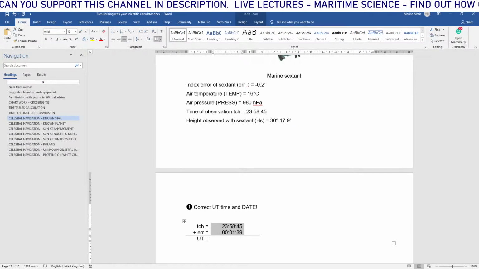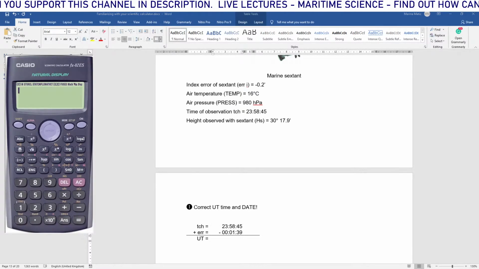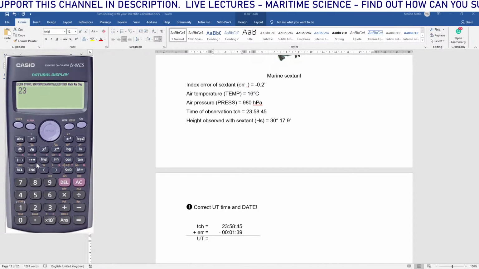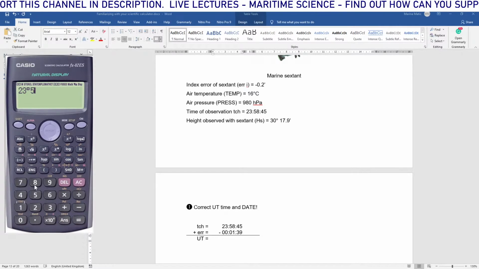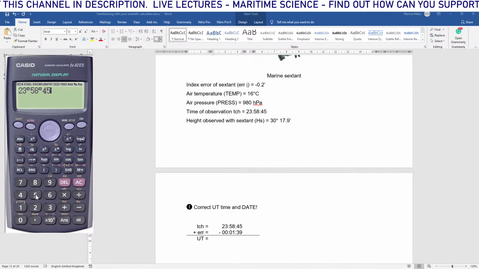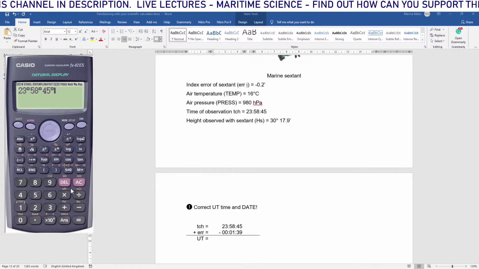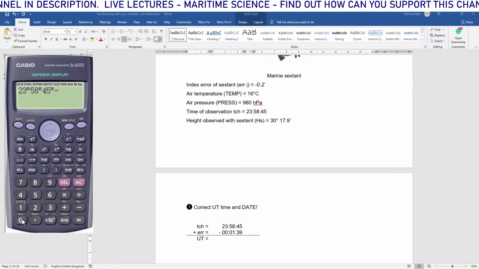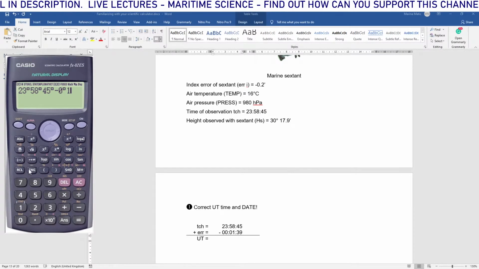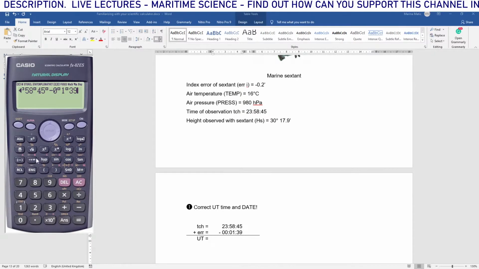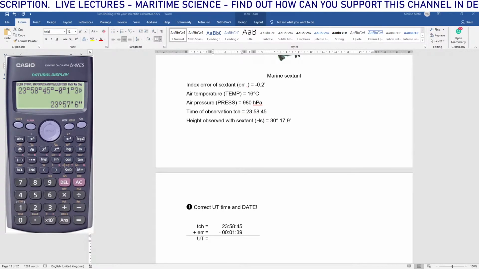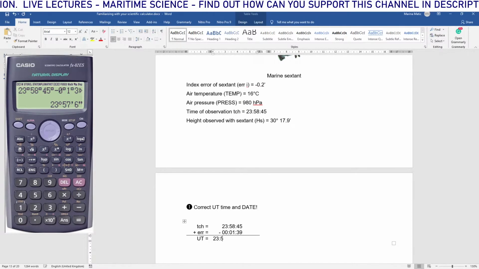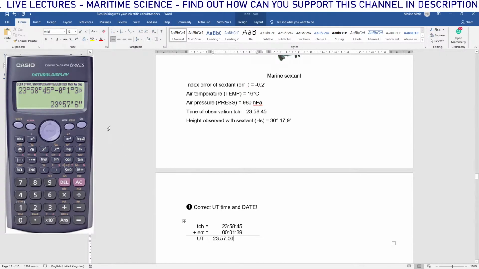Okay, and let's bring the calculator on, and we will use the calculator because the calculator can calculate this. Of course you can do this in your head if you trust yourself, if you are proficient in mathematics. So I have a time minus, because plus and minus is minus, 0 hours 1 minute and 39 seconds, and the result is 23:57:06.